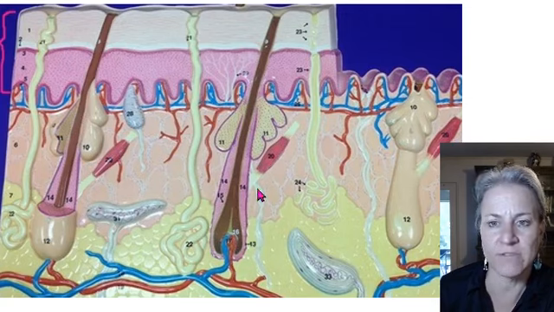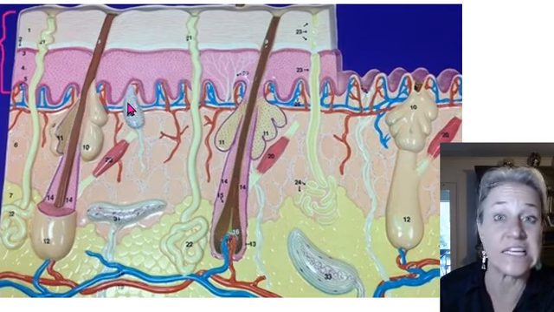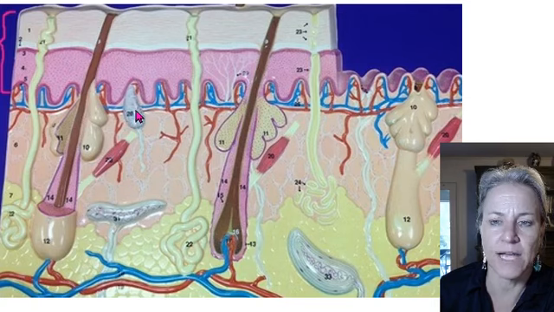What is the name of this nerve ending? Just beneath the epidermis. And what is it best at detecting? What is it best at sensing? So that's the Meissner corpuscle, and it is best at detecting light pressure.